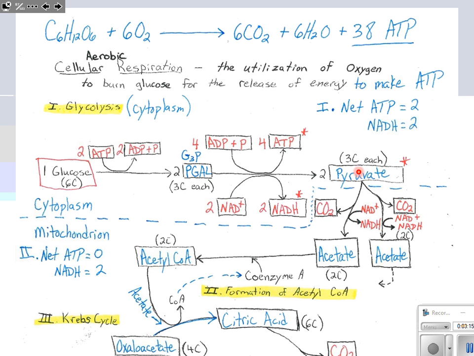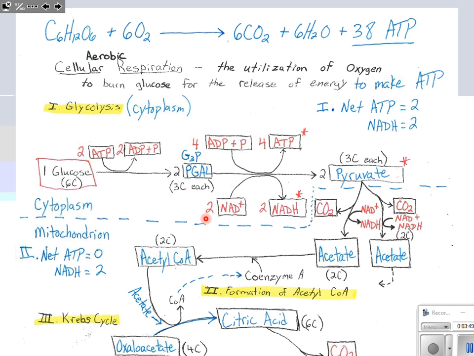And then we talked about those 2 pyruvates moving into the mitochondrion and getting converted into acetate with the loss of carbon. And then we followed those 2 acetates as they moved through the Krebs cycle and so forth. But again, we were assuming that we're starting with glucose, that glucose is the fuel that our cells are going to always be using whenever they do aerobic respiration. And that's simply not always the case.